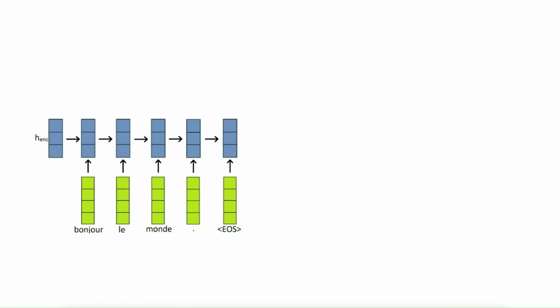Then this encoder generates one new hidden state using the current source word embedding and all the previous information. And it does this at each step. So finally, we take this last hidden state and copy it as the initial hidden state of our decoder.